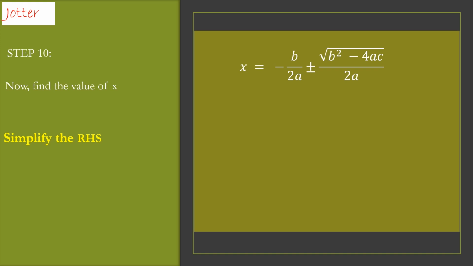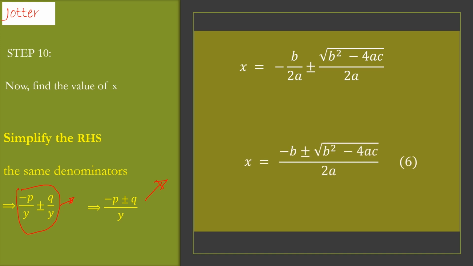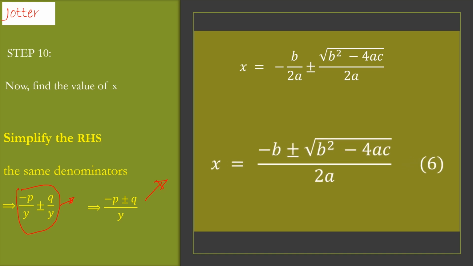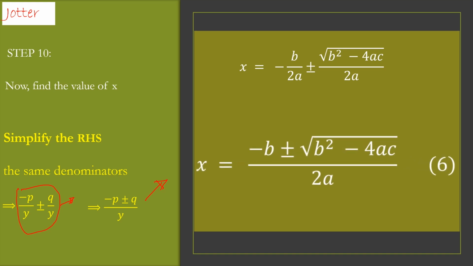And once they have the same denominator like what we have here, these two can be written together. So, same thing, we can write the above, because they have the same denominator, as x equals minus b plus or minus the square root of b squared minus 4ac over 2a.